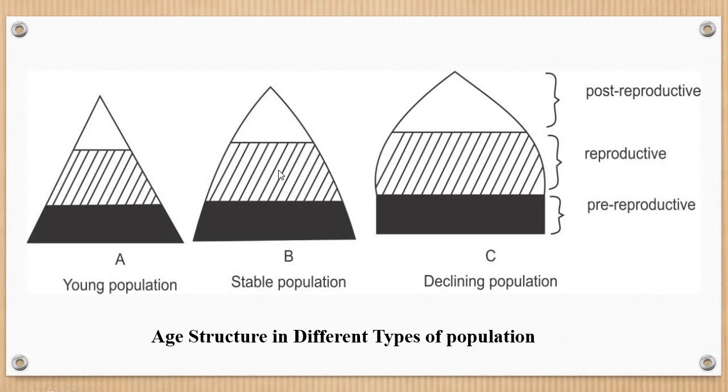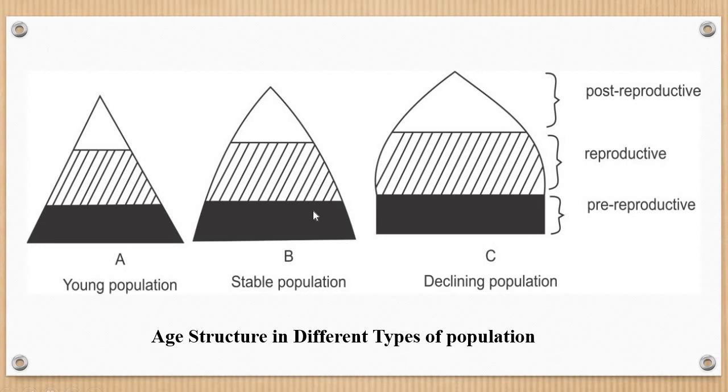Because the numbers of reproductive and pre-reproductive individuals are almost the same, it gives a bell-shaped appearance. And post-reproductive individuals, as they are fewer, so the pyramid declines quickly, right?